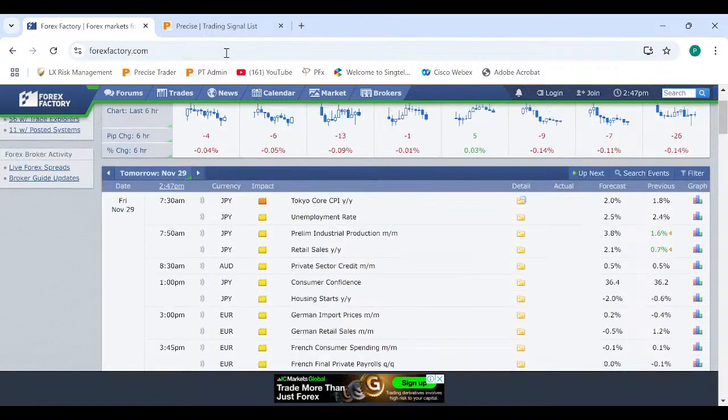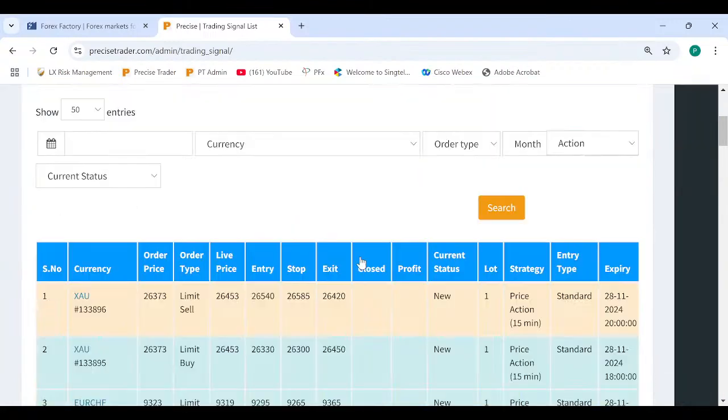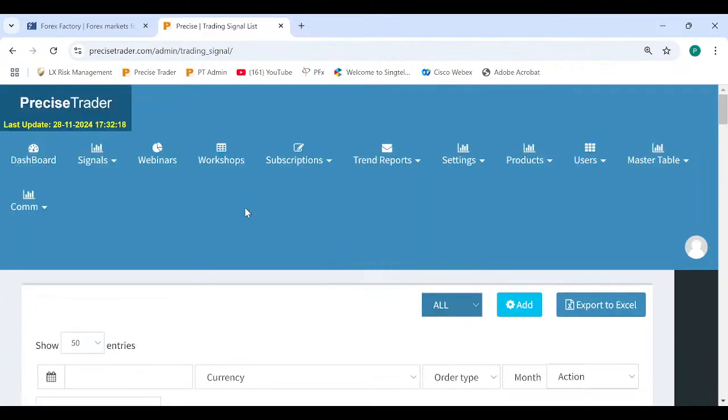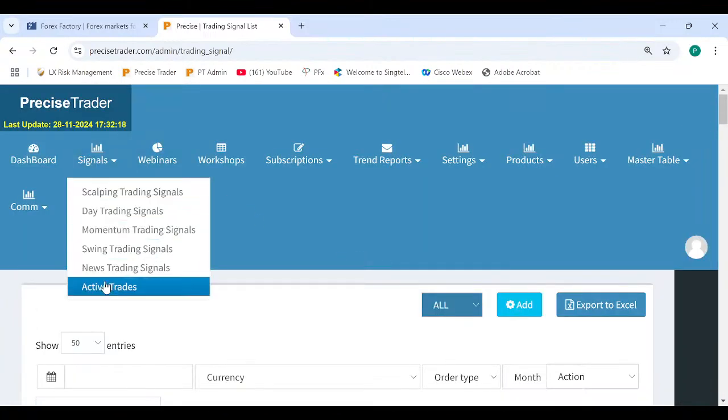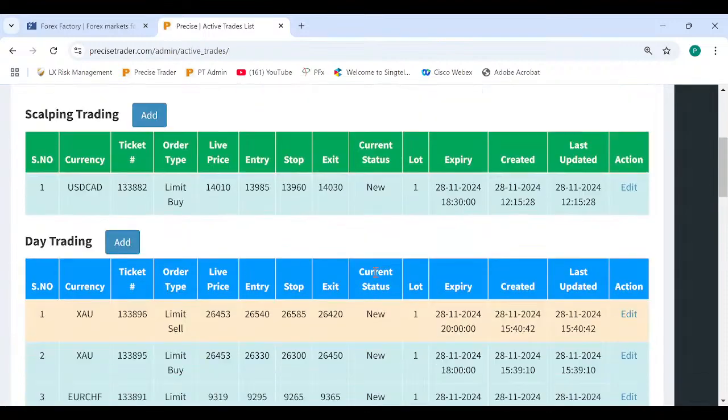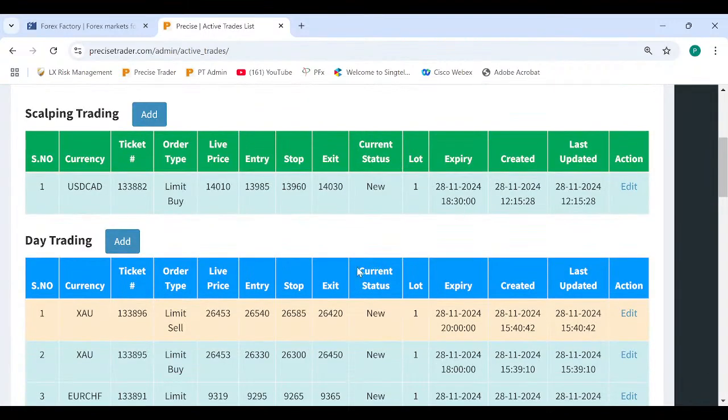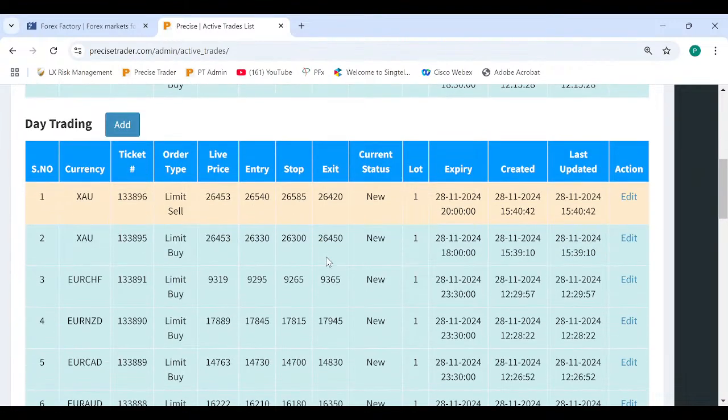Okay, so now let's move on to see whether we have any trades that have opened. We don't have any trades open, and we have a dollar cat buying order, and we are trying to sell gold at 54.